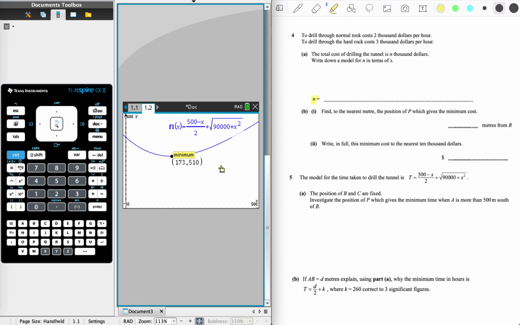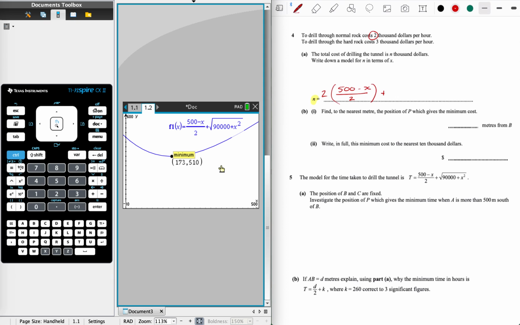So soft rock, let's write this out, soft rock is 500 minus x divided by 2, and that cost for every hour is $2,000.